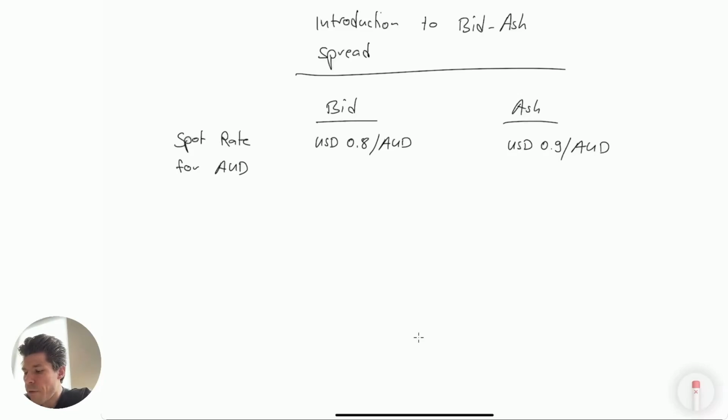The reason for this is that when you are trading foreign currencies, there is someone to provide liquidity to ensure the other currency is actually available so that you can buy and sell currencies. Those organizations or intermediaries are called market makers.